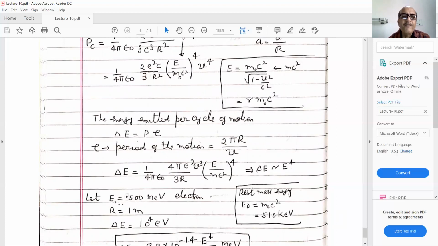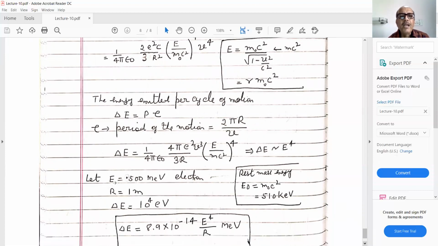If you consider a value of R equal to 1 m, you can verify this calculation at your end. The value of delta E, the energy emitted per cycle of the motion by the electron, will come out to be 10 to the power 4 electron volt.